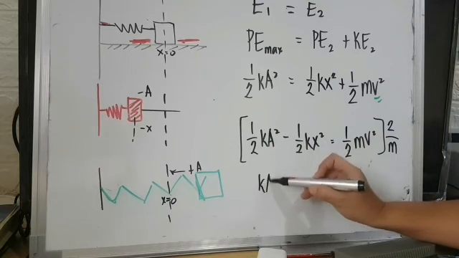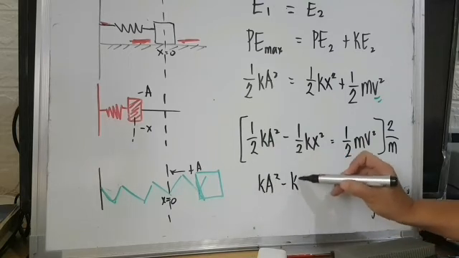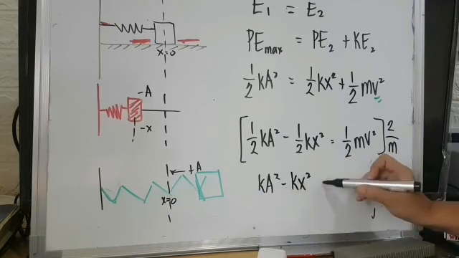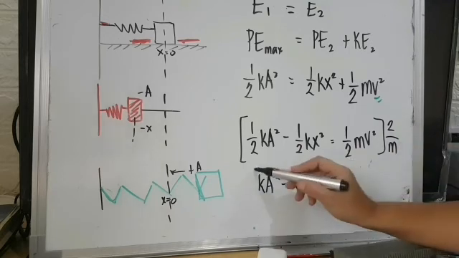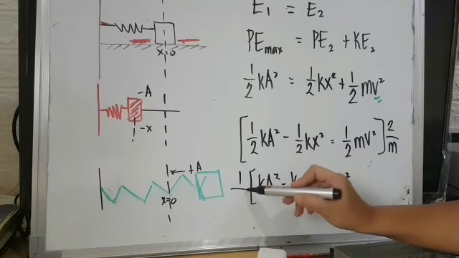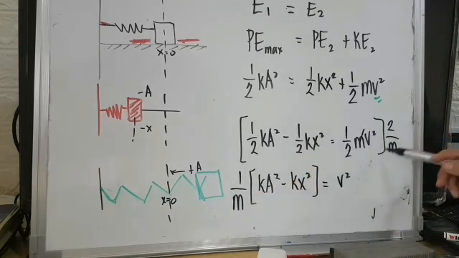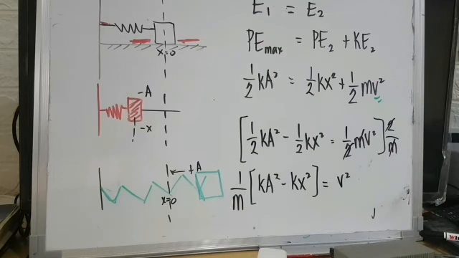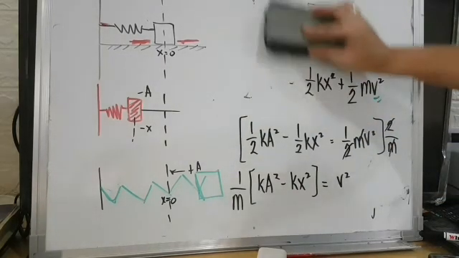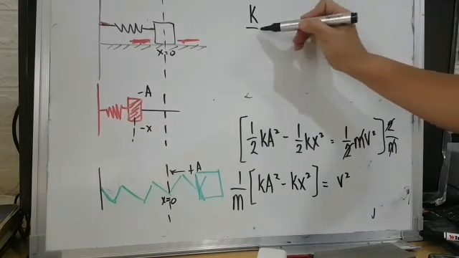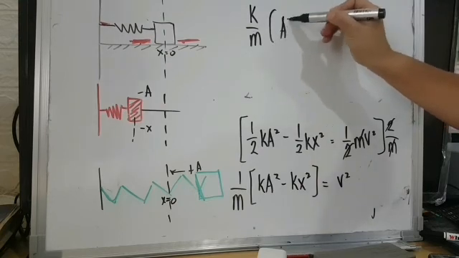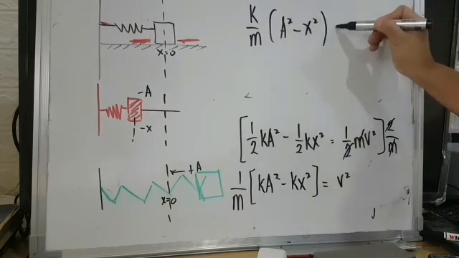So we now have kA squared minus kx squared, but we have here 1 over m, equals v squared. We can cancel m and 2. Then we can even factor out k. Let's factor out k. We have k over m, times A squared minus x squared, equals v squared.